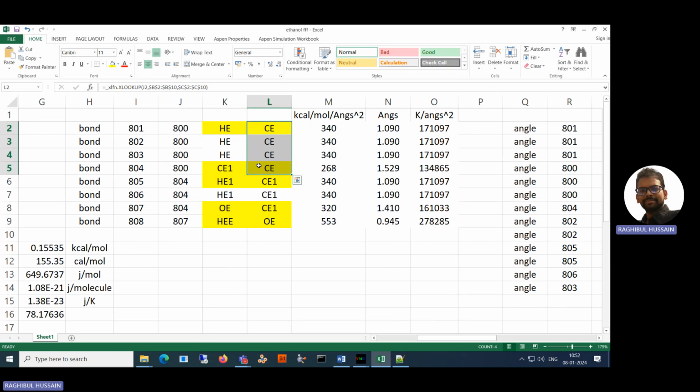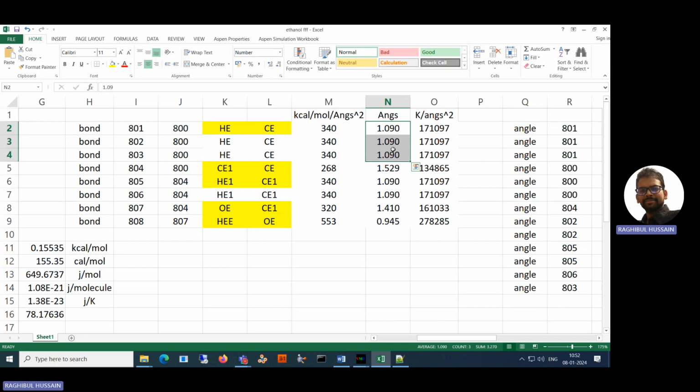Clear? Then only you can identify the different types of bonds. In this case, this is between HE and CE. So all are same. In the force field file, you have to define only once between HE and CE, right? Because all the parameters are same, 340 and 1.090.